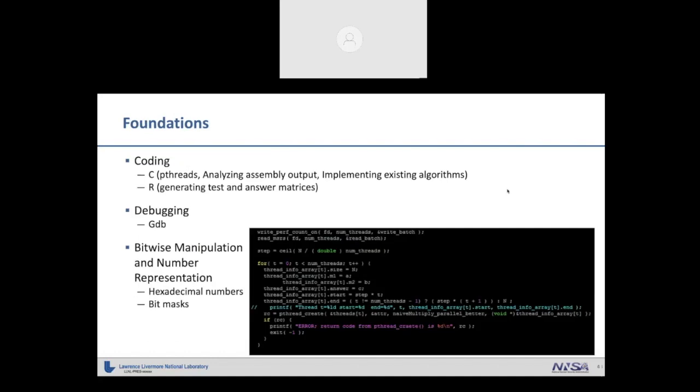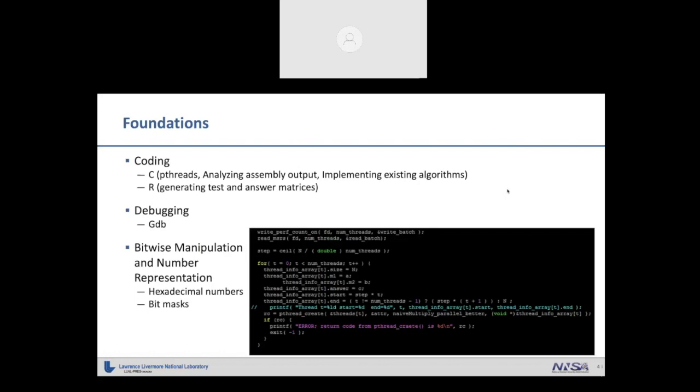So our foundations were we knew a little bit of C, and we got to learn more about p-threads, analyzing assembly output, which we had some knowledge of but weren't experts in, and implementing existing algorithms. We got to use R to generate test and answer matrices, and then we got a little bit more experience with GDB, which a lot of us didn't even have any.